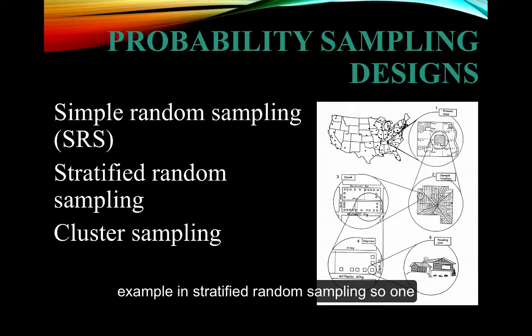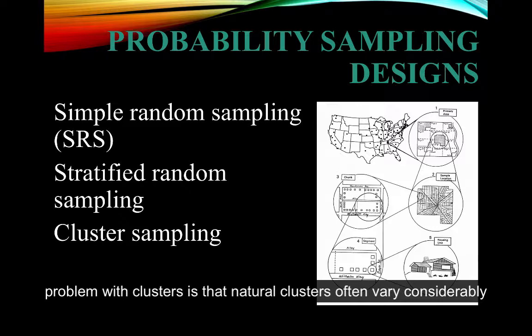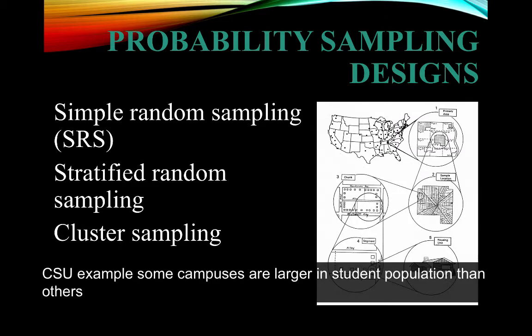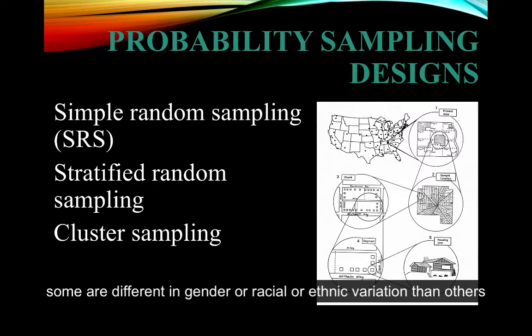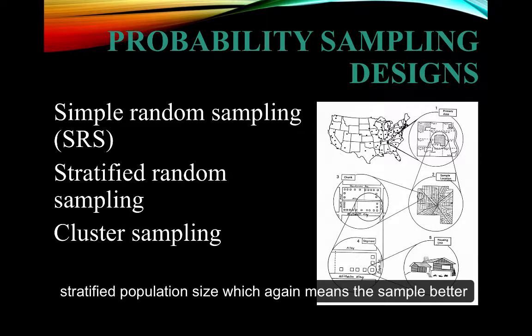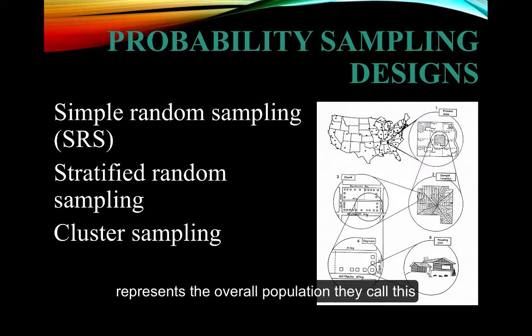One problem with clusters is that natural clusters often vary considerably in the cases they contain. Continuing with that CSU example, some campuses are larger in student population than others. Some are different in gender or racial or ethnic variation than others. To make this not a problem, clusters can be stratified by population size so the sample better represents the overall population.